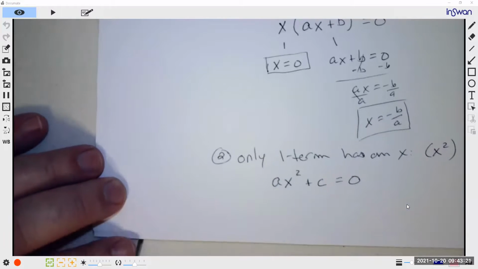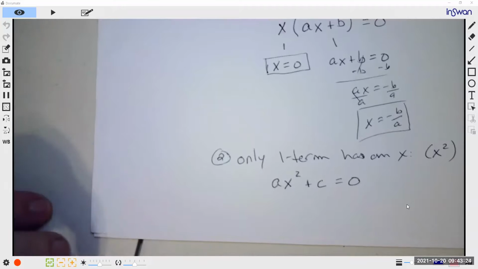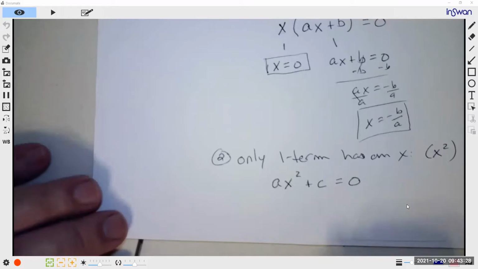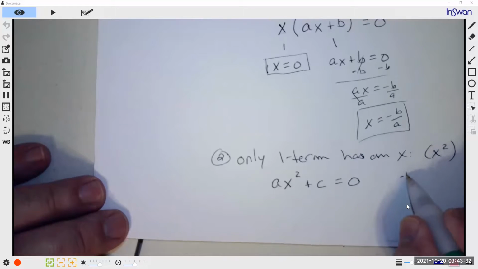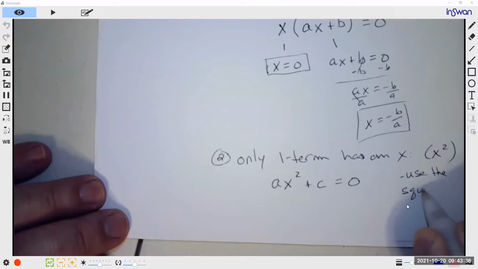It looks something like this. So if you have something like this, then we have to use the square root method.